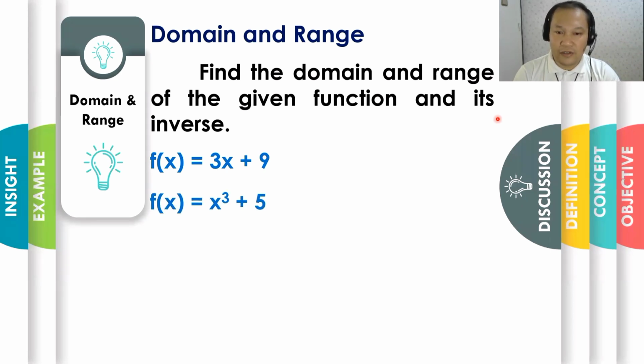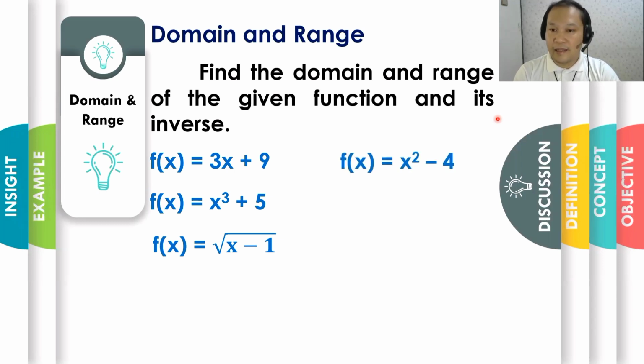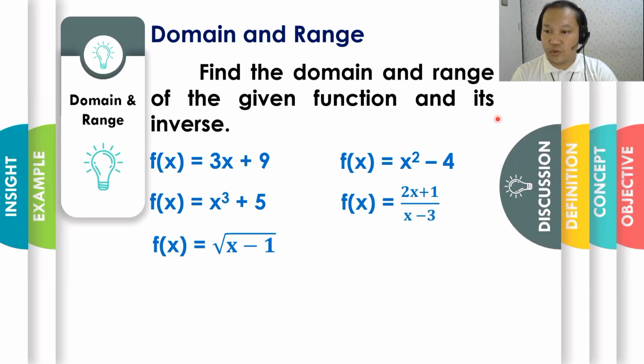The second function is f of x is equal to x cubed plus 5. The third one is f of x is equal to the square root of x minus 1. The fourth one is f of x is equal to x squared minus 4. And the last one is f of x is equal to 2x plus 1 all over x minus 3.